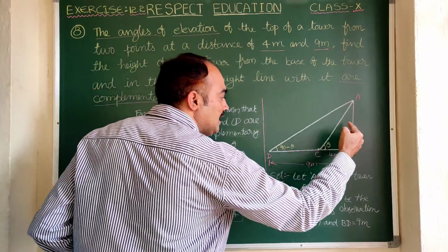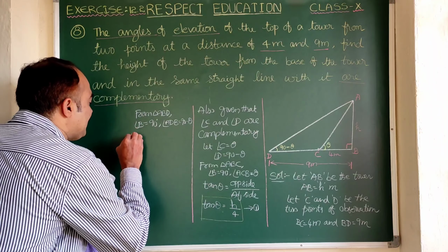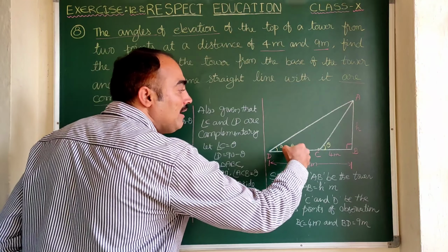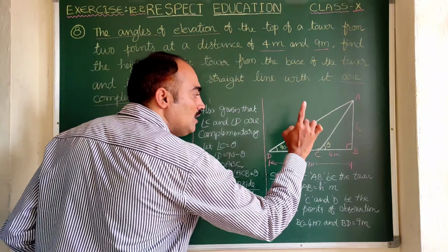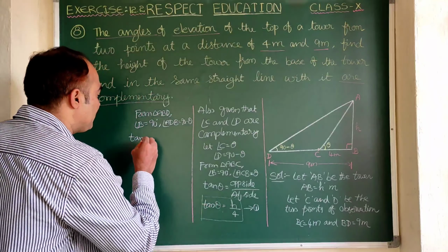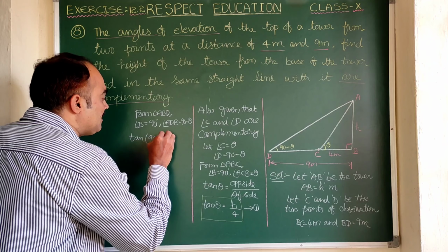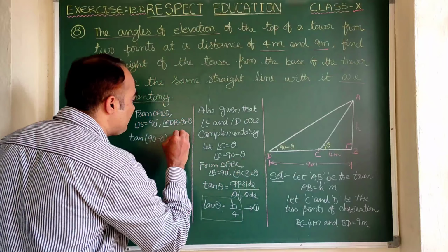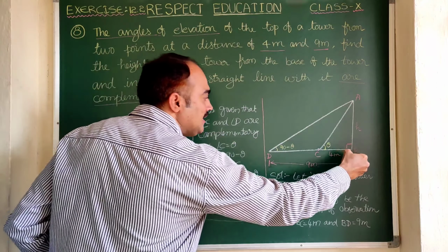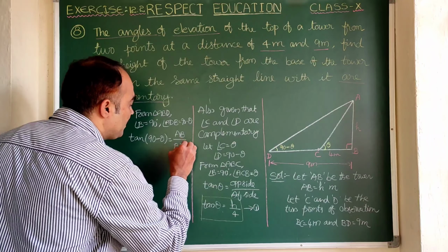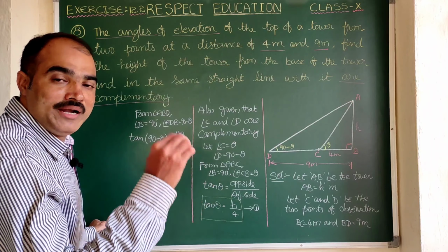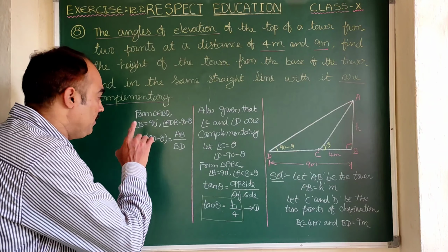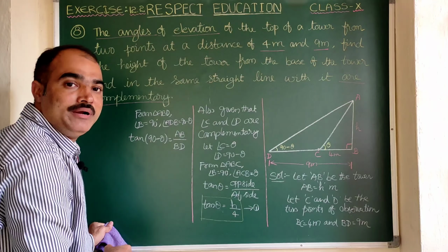So here we have the opposite side and adjacent side, so let us apply tan. Earlier theta meant only theta, but here the angle is 90 minus theta. So tan of 90 minus theta is equal to the opposite side AB by the adjacent side BD. Now from complementary angles we know that tan 90 minus theta is nothing but cot theta, because cot and tan are complementary to each other.